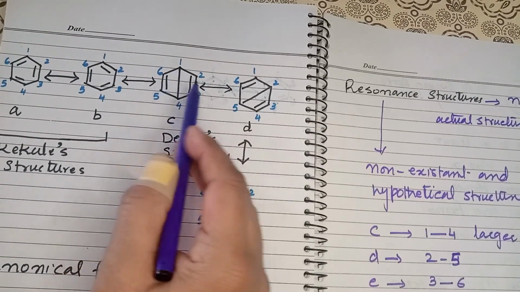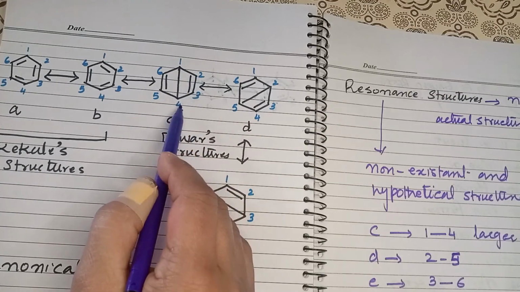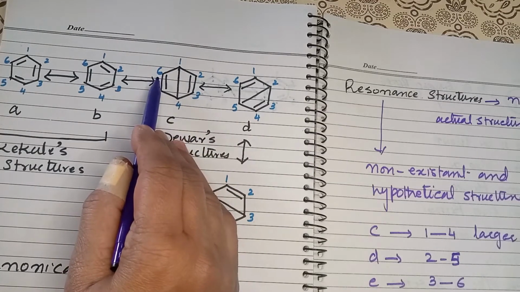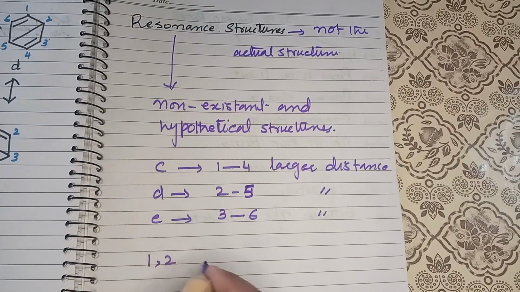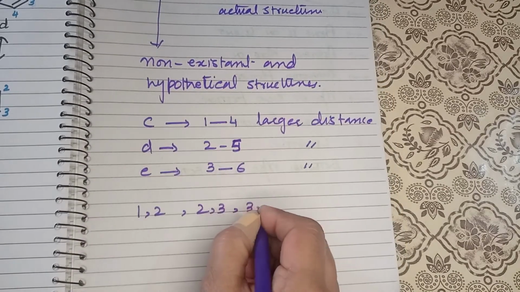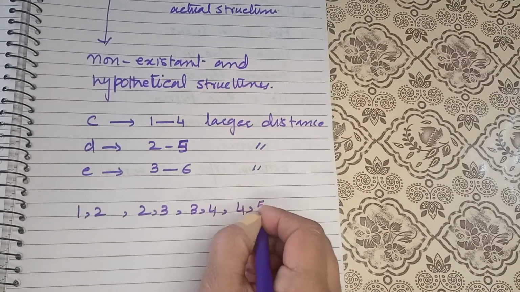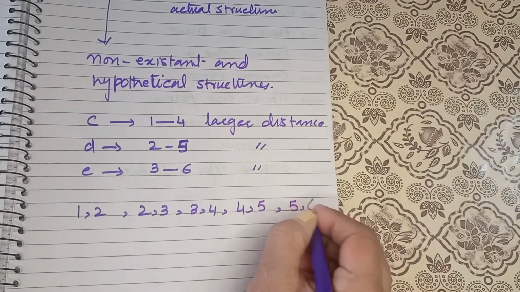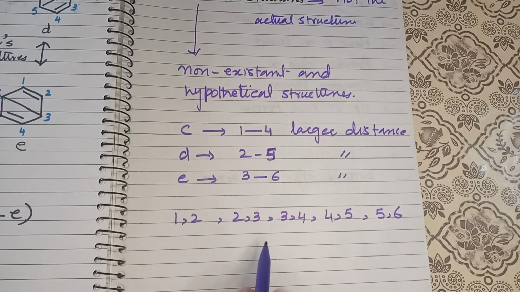Which carbons are adjacent? Carbon 1 and 2, 2 and 3, 3 and 4, 4 and 5, 5 and 6, and 6 and 1. These carbon atoms are close to each other.